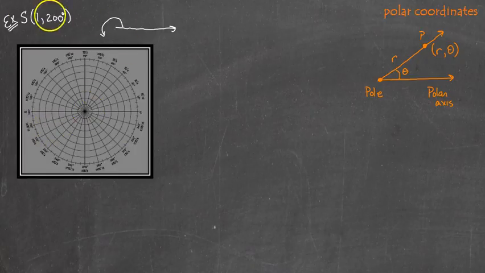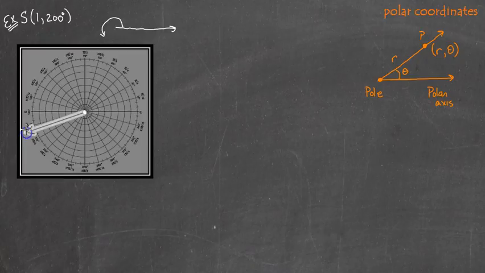So if I wanted to plot the point (1, 200), the first thing I want to do is find where the terminal side of 200 would be. And I could find that using the polar graph paper. If I start here at the polar axis and work my way around, I see that right here is 195 and right here is 210, which means 195, 200, 205, and 210.